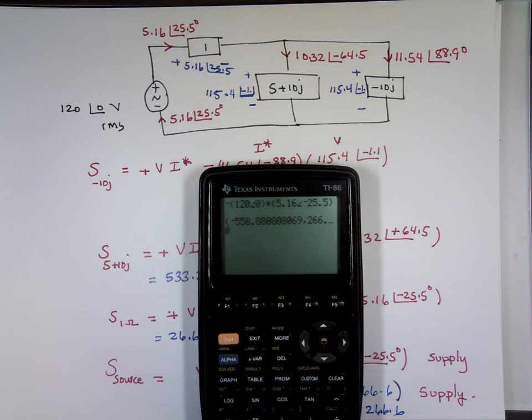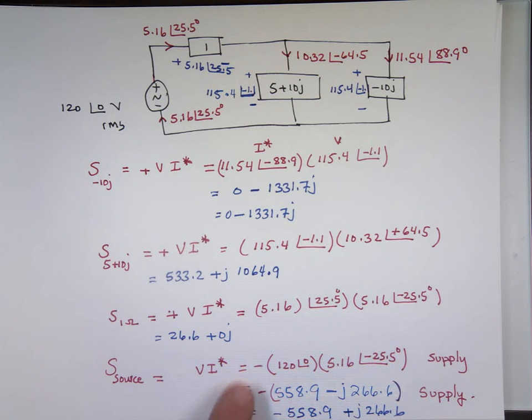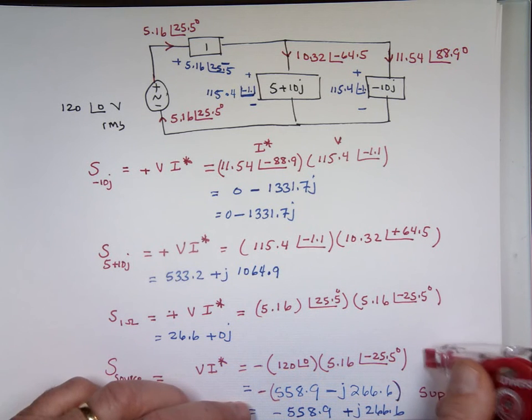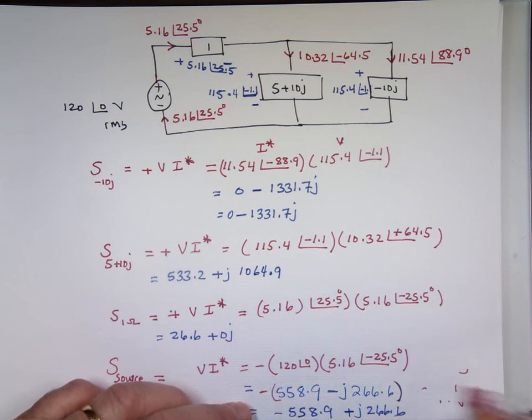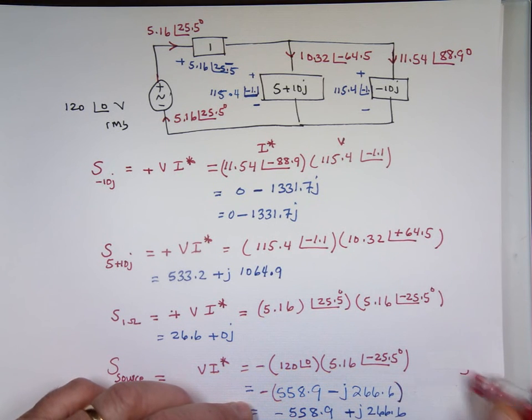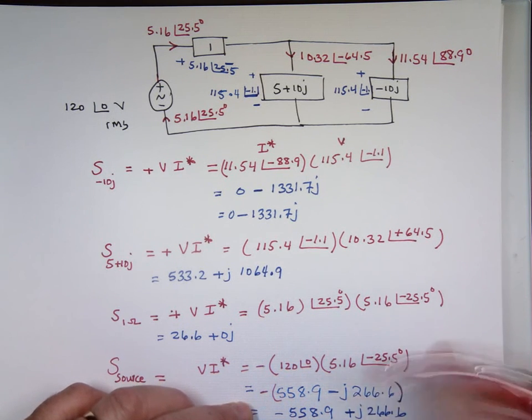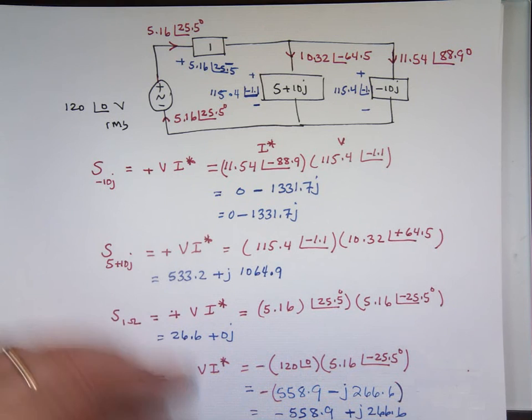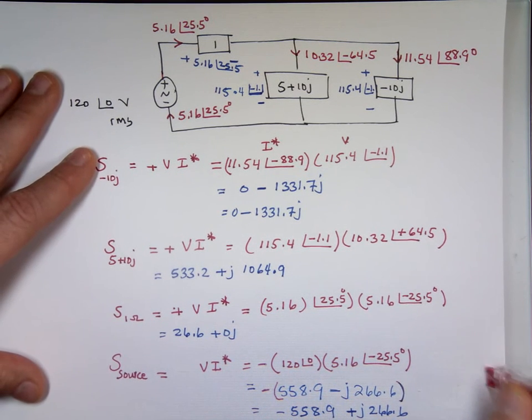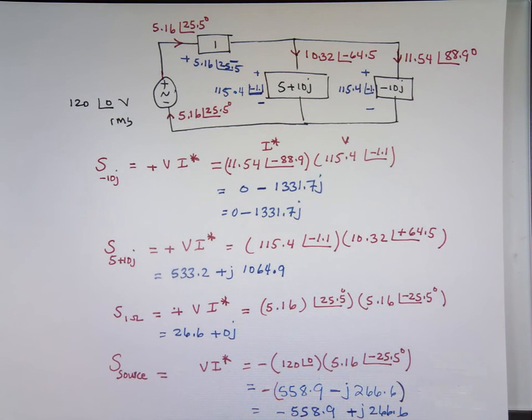266. Yeah. So you can put the minus. If you don't use the word supply, then you put the minus sign. You can't do both. So supply or the minus sign. If you put the minus sign, you're saying this is not absorbed, it's really supplied. But don't do supply and negative, that's a double negative. So one or the other.